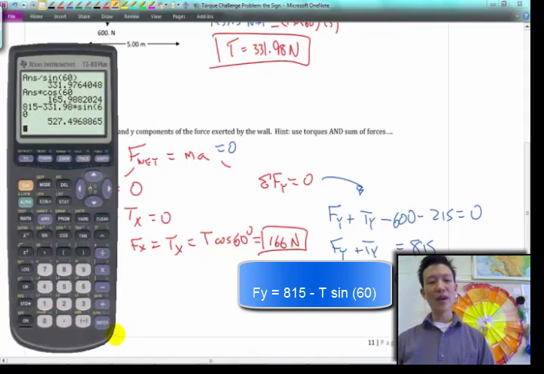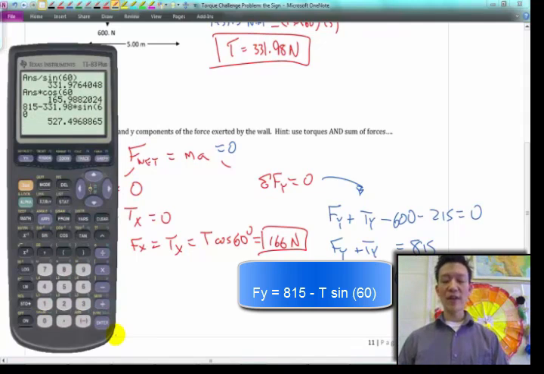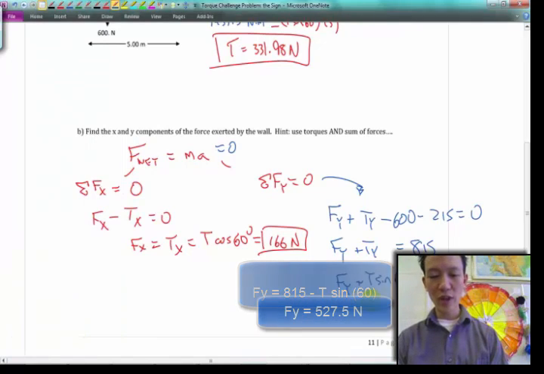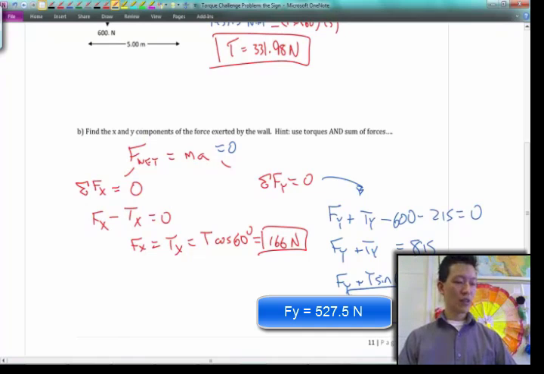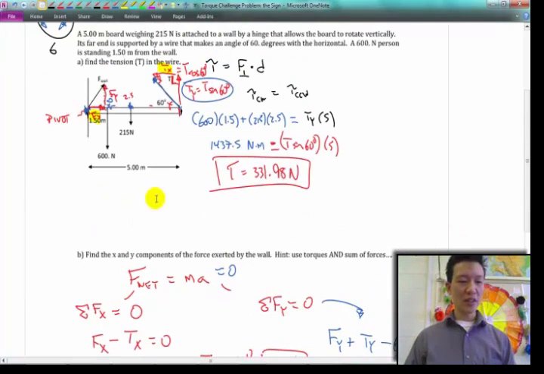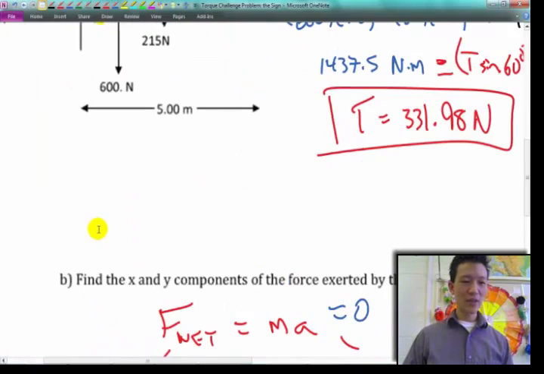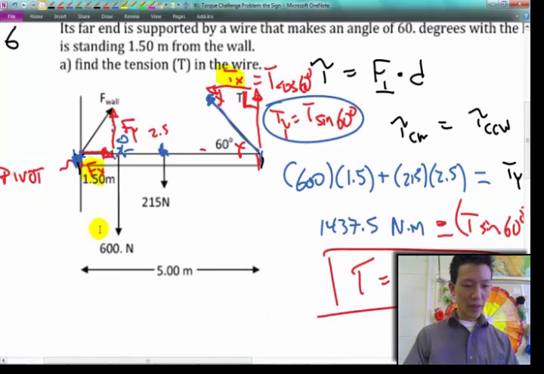We're almost done. About 527.49. Let's just round off to 527.5. Force in the y direction is 527.5 newtons. So in a nutshell, what did we just find? We figured out how much the wall is pushing in the x direction and in the y direction.